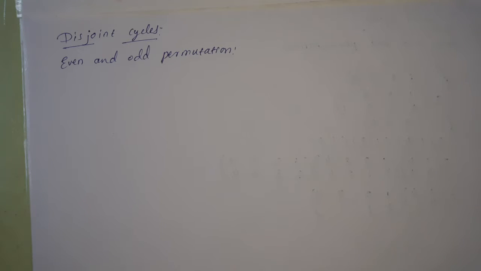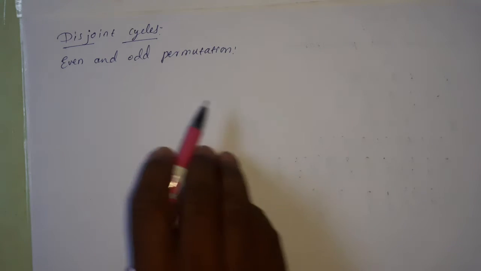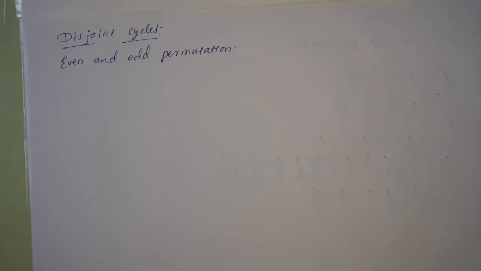And to write the disjoint cycles for any permutation, we consider the given permutation, then go on writing the images of them in order, then we will get the cycles which are disjoint. Now let us consider how to verify whether the given cycle is even or odd.